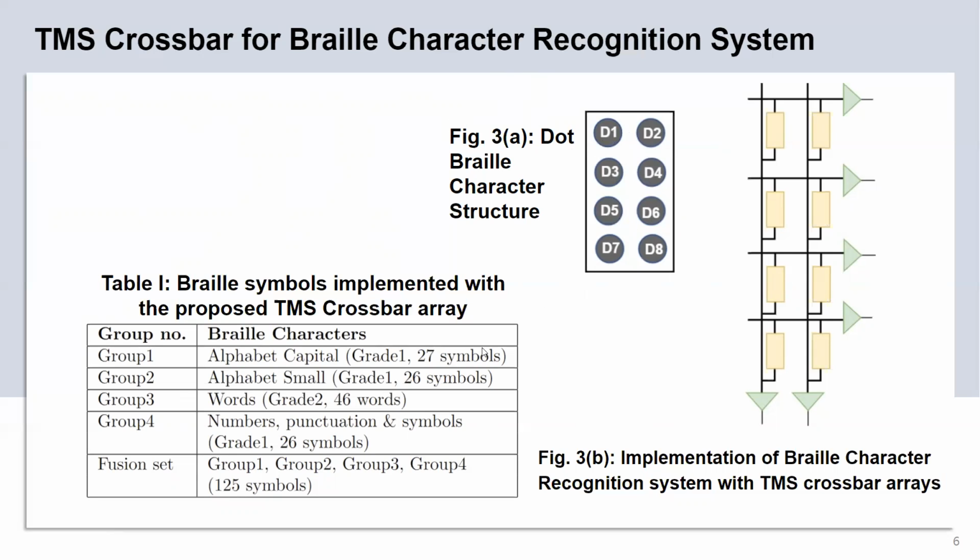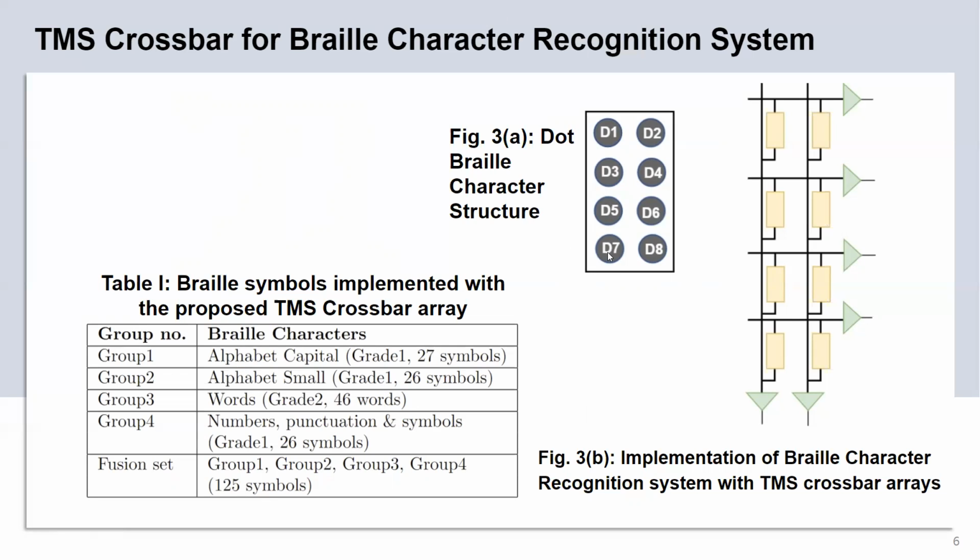In this paper, we implemented 125 different symbols in this Braille system, and these 125 symbols are categorized into four different groups.